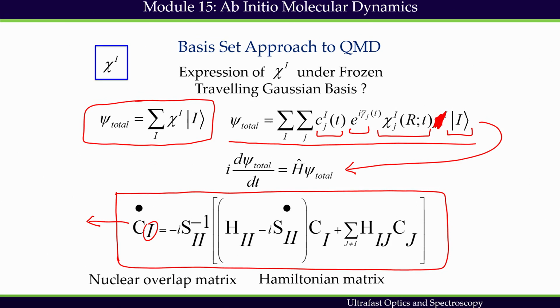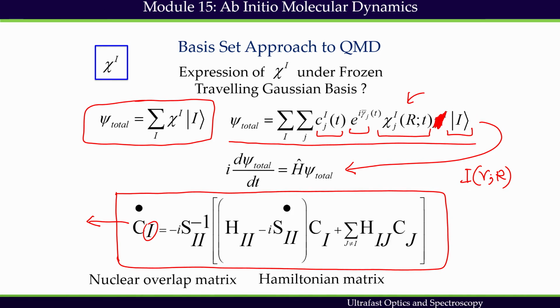Here I denotes the electronic state and phi I is the ith electronic wave function. We note that phi I depends on the electronic coordinate and parametrically depends on the nuclear coordinate. And this chi I is the time dependent nuclear wave function associated with the ith electronic state.